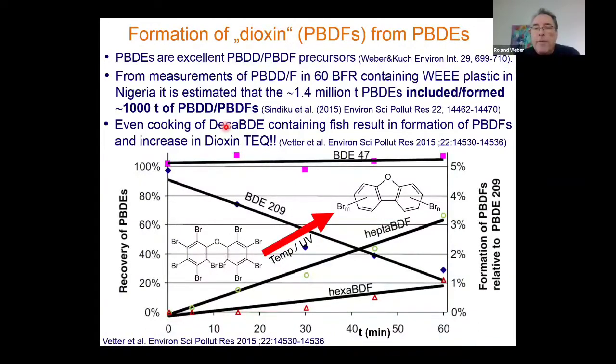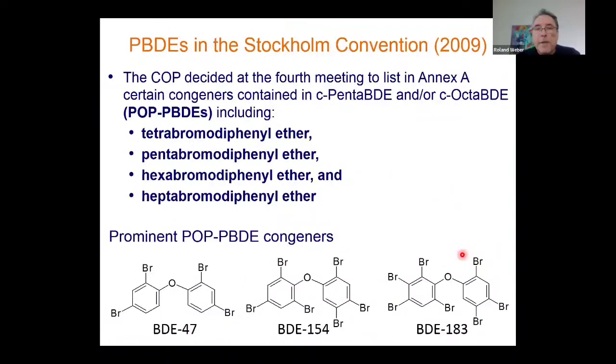And then he was cooking the fish, and during cooking, the Decabromodiphenyl ether decreased, and at the same time, brominated dioxins increased. So just by cooking, brominated dioxins were formed out of the PBDEs, also increasing the dioxin-like toxicity. They analyzed that also with a bioassay sensitive to dioxin-like toxicity.